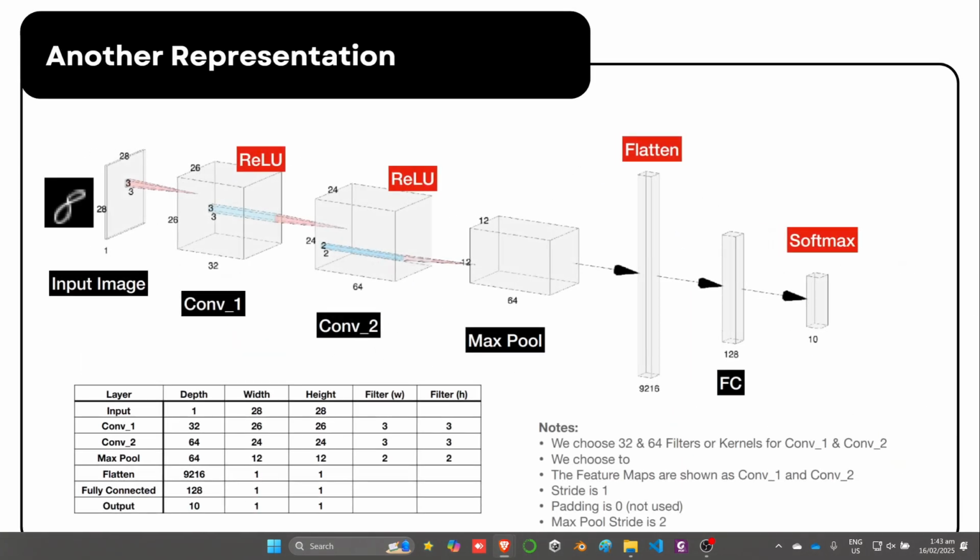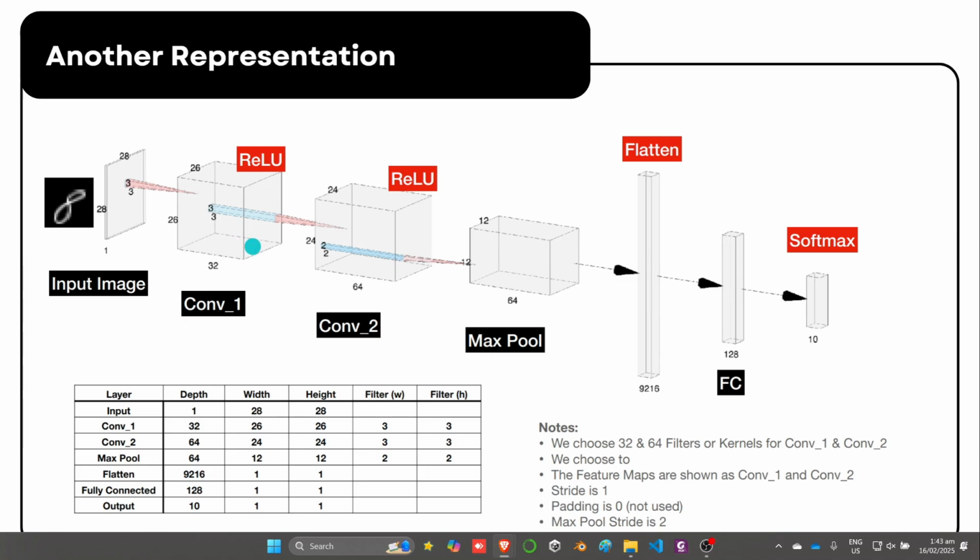So here's another representation, and this is a representation I prefer because it helps you visually understand what's happening in the CNN. You can see this is the input image right here. These are the filters. The filter is a 3 by 3 in here, and we apply 32 filters. So we get a 26 by 26 by 32 feature map output.